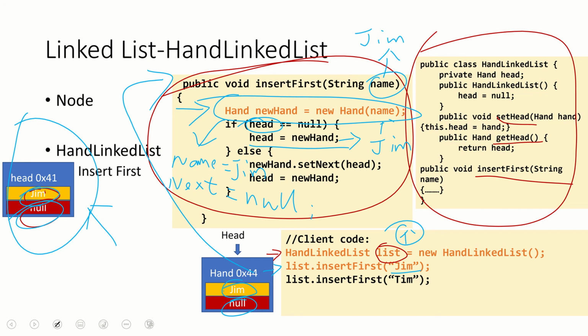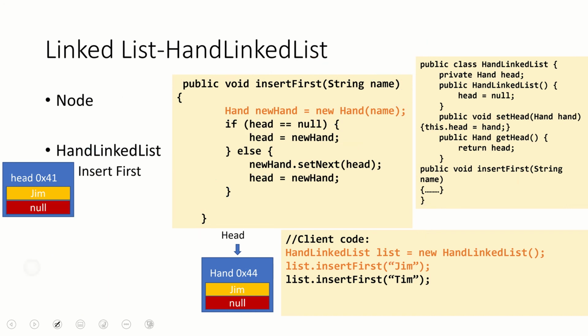At this point, the head is Jim and points to nothing. Right? Then we jump out of this method and go to this line.